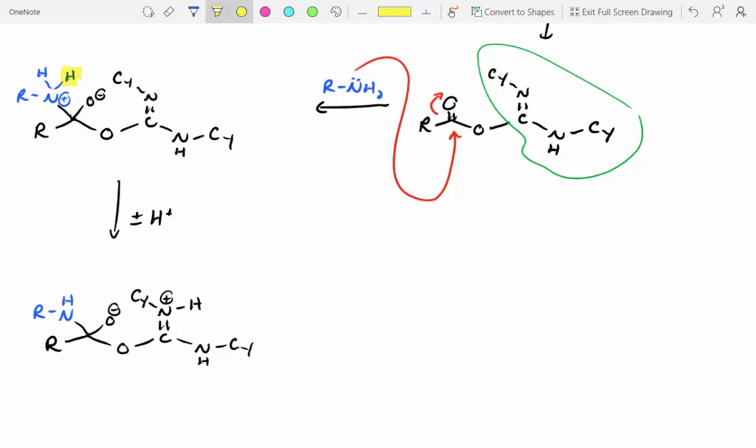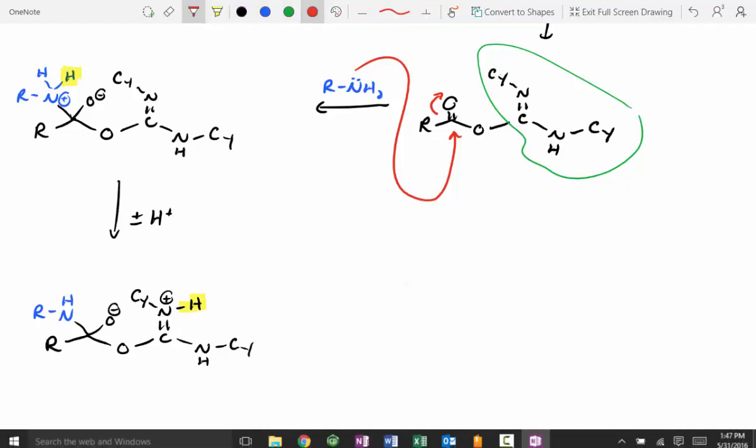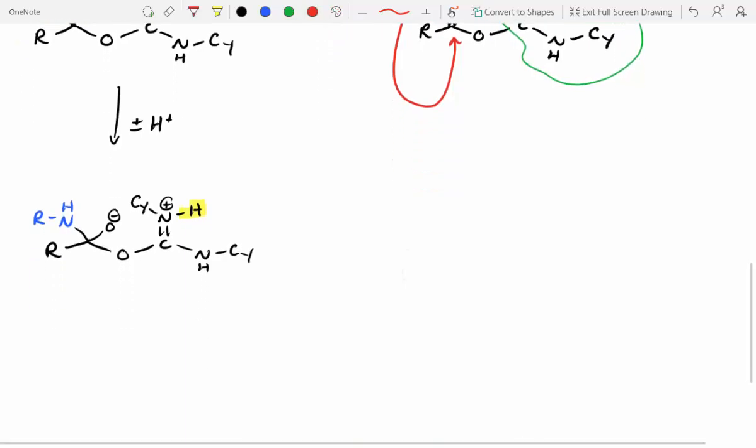Okay, so we've just moved that proton highlighted in yellow from the nitrogen over to the other nitrogen. Now we can kick off our excellent leaving group. If we kick this down, we can then take these electrons over and move these electrons up to the nitrogen with a positive charge. So it looks complicated.